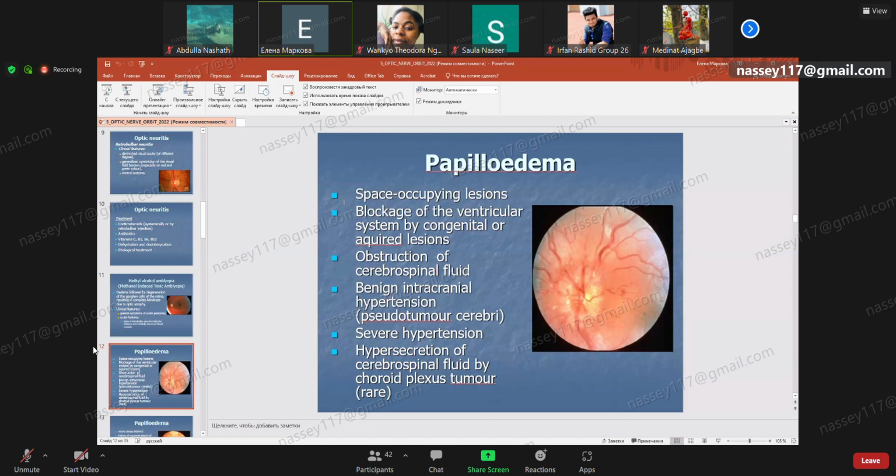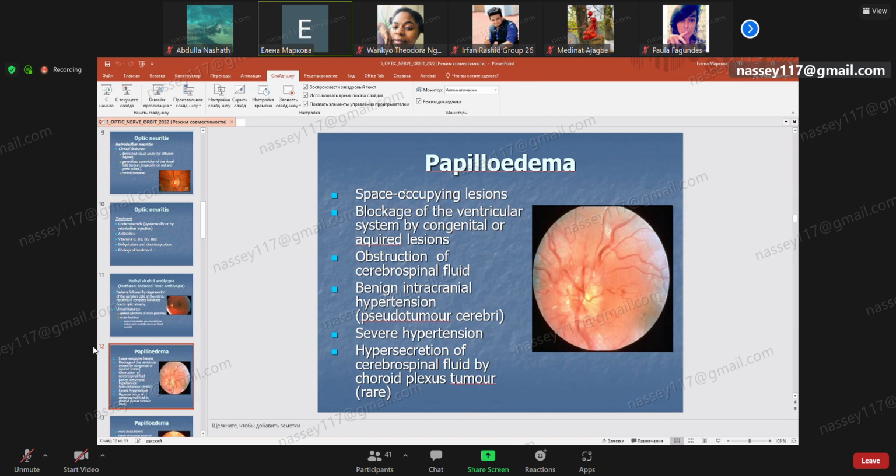The first mechanism is space occupying lesions. What does it mean? It's intracranial hemorrhages, brain tumors, benign or malignant, for example, or abscesses of the brain. Secondly, blockage of the ventricular system by congenital or acquired lesions.